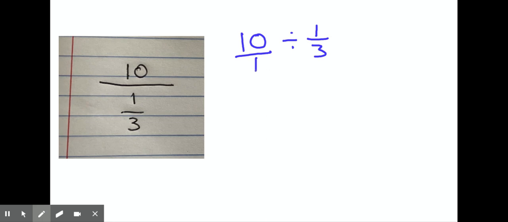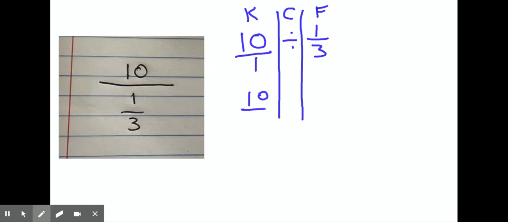And then I'm going to follow the same steps as our previous problems, where I'm going to multiply by the reciprocal, or I'm going to keep it, change it, flip it. So I'm going to keep it, 10 over 1, change it to multiplication. I'm going to use a dot for multiplication, and I'm going to flip it to 3 over 1.